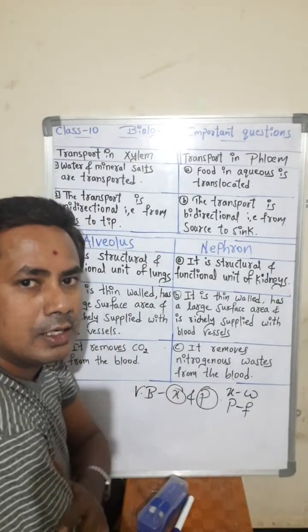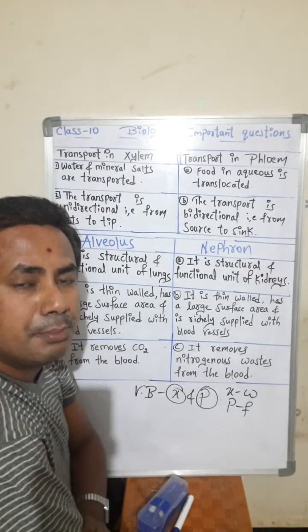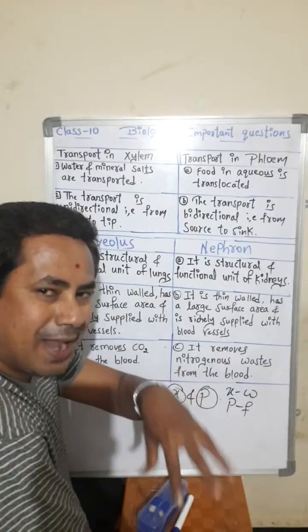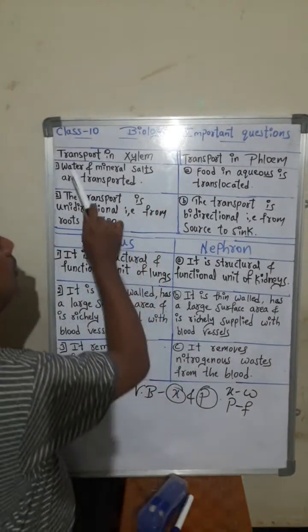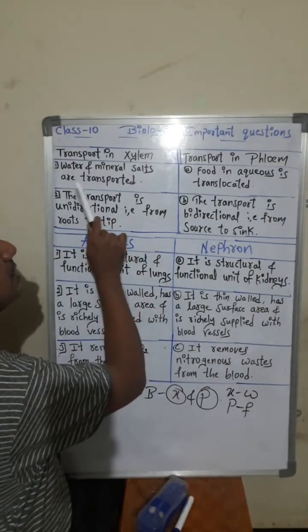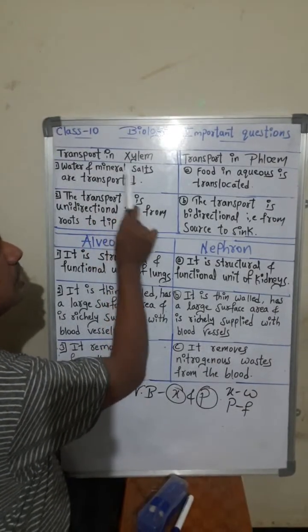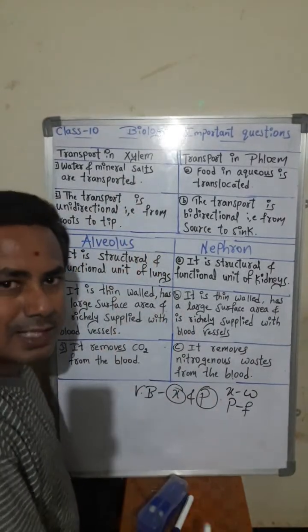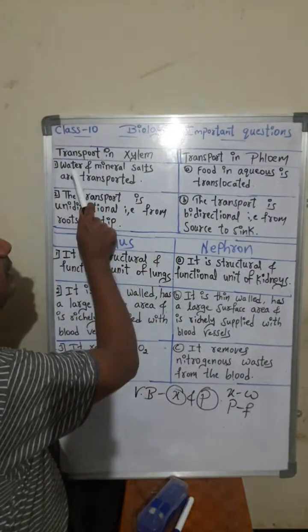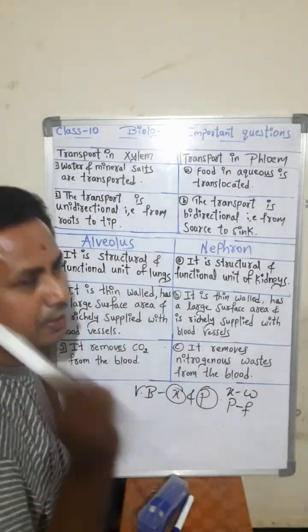The soil is rich in mineral salts, so the plants absorb the mineral salts from the soil. Who will transport this water and these mineral salts from the roots? Xylem. Xylem is a water conducting tissue, and also remember mineral salts.